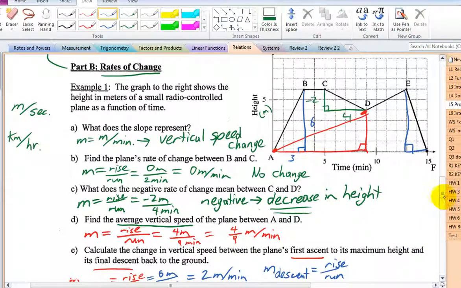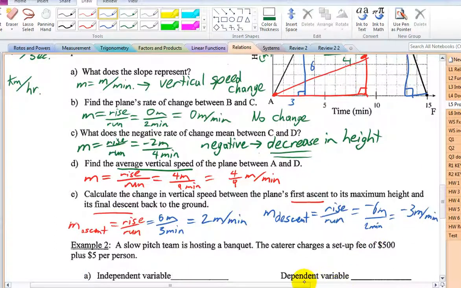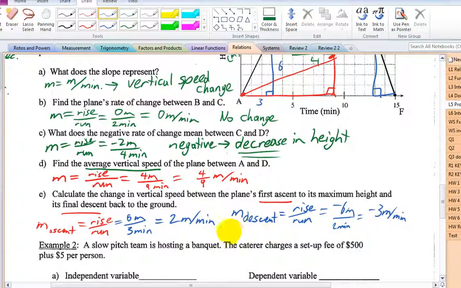Okay, so M, the descent. The rise is what? -6 meters, and the run is 2 minutes. So that is negative 3 meters per minute. So what's the change?